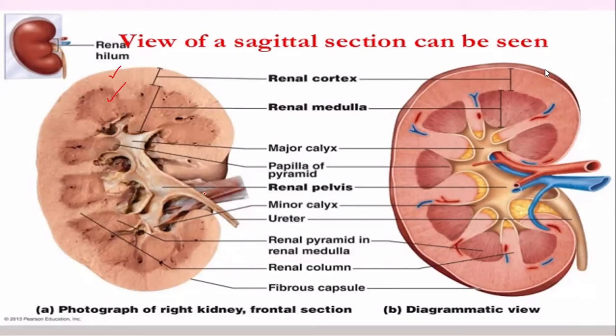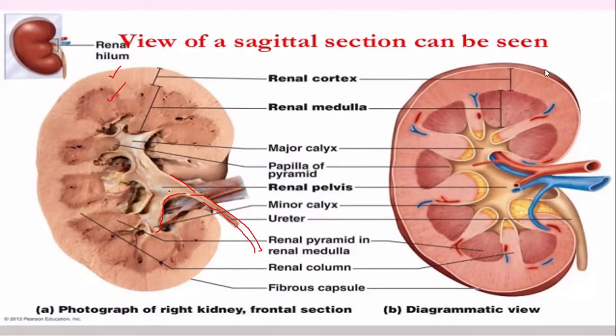And according to Dr. Alcover, he was mentioning the renal pelvis and then the calyx. This is the pelvis, actually an expansion of your ureter.